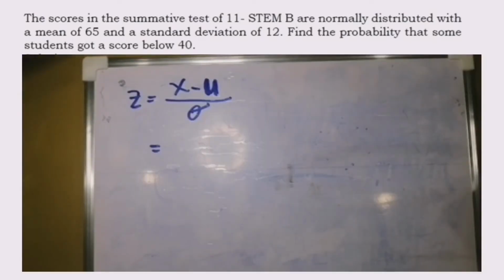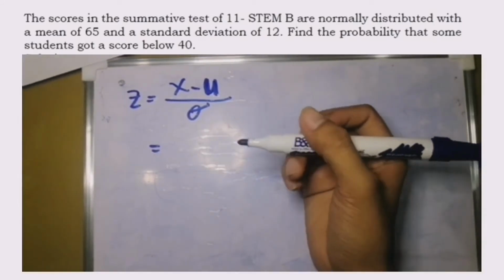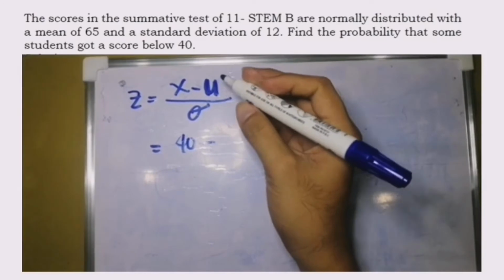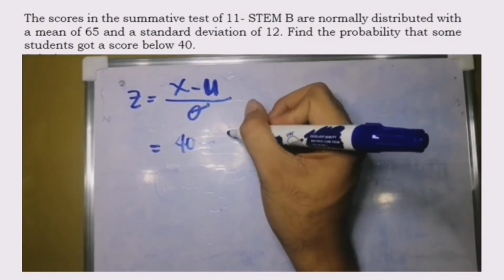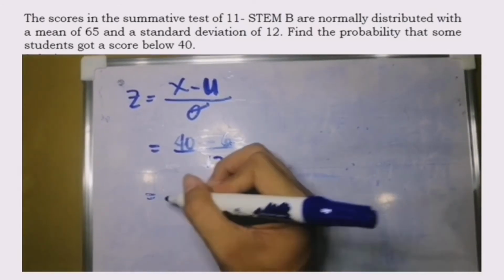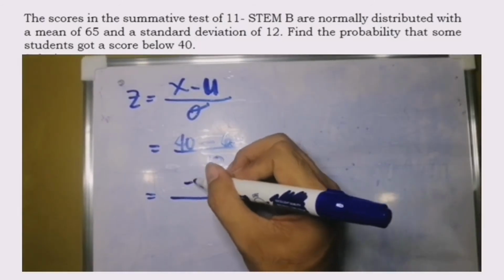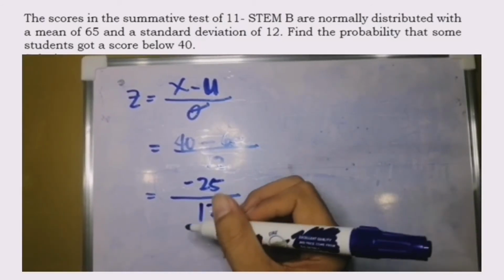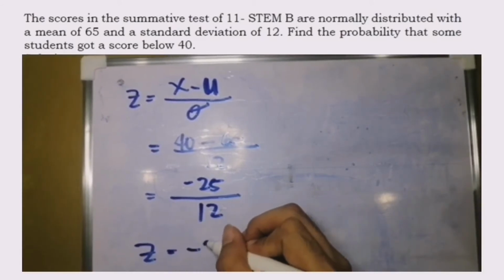Using the z-score formula, x is 40 minus the mean, 65, divided by 12, which is the standard deviation. So 40 minus 65 is negative 25 divided by 12. So our z-score is negative 2.08.